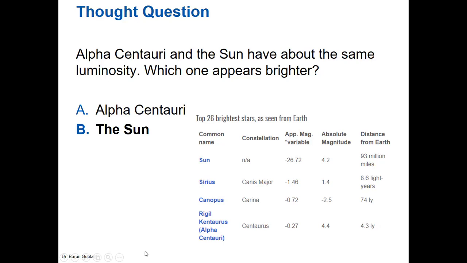So the Alpha Centauri is much further from us than the Sun. The Sun is much closer to us. That's why, although the Alpha Centauri and the Sun have equal luminosity, the Sun appears to us much brighter than the Alpha Centauri.